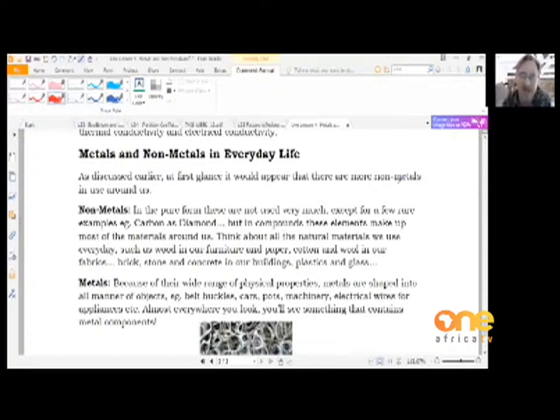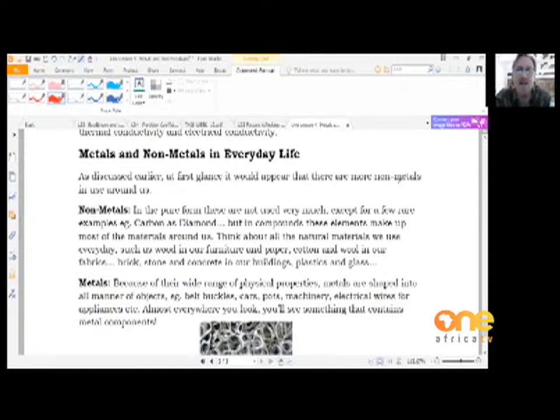If you're making jewelry, diamond, that's pure carbon in the diamond stone. But otherwise, pure non-metals, we don't really use them that much. Sure, they're present all the way around us. Oxygen gas, for instance, we have to breathe it. It's a non-metal. It's there. But it's not that we actually use oxygen as a physical thing.